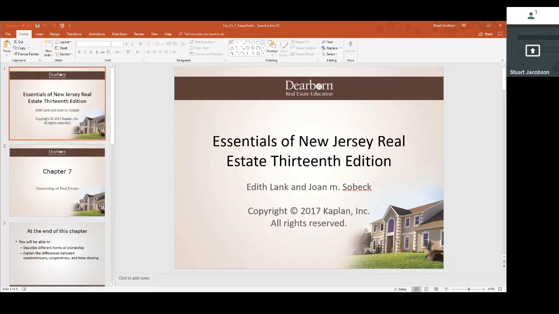Everything from joint tenancy has to stay the same, so you need the unity of time, title, interest, and possession. So you have to take it at the same time, all that stuff. And you have to be married at the time. Now, the interesting thing about this is that for married people, tenancy by the entirety is the default. If you are married at the time you take title, tenancy by the entirety is the default.